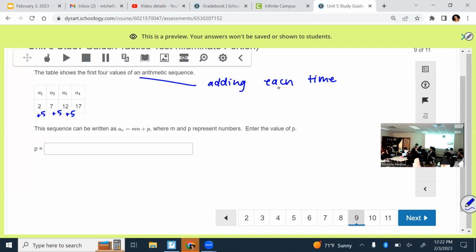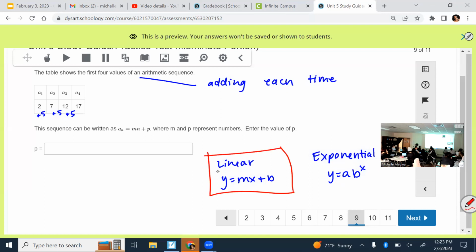Linear. What does the formula for linear equations look like? And then what does the formula for exponentials look like? y equals a times b to the power of x. So which equation, linear or exponential, has adding in it? So that makes this a linear function.